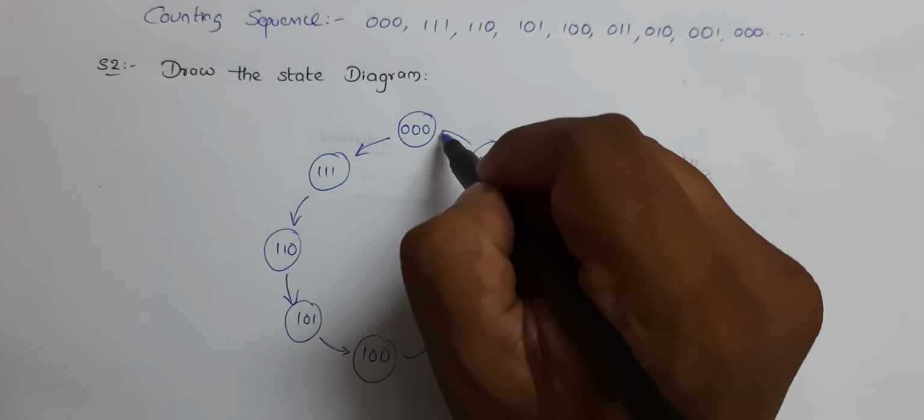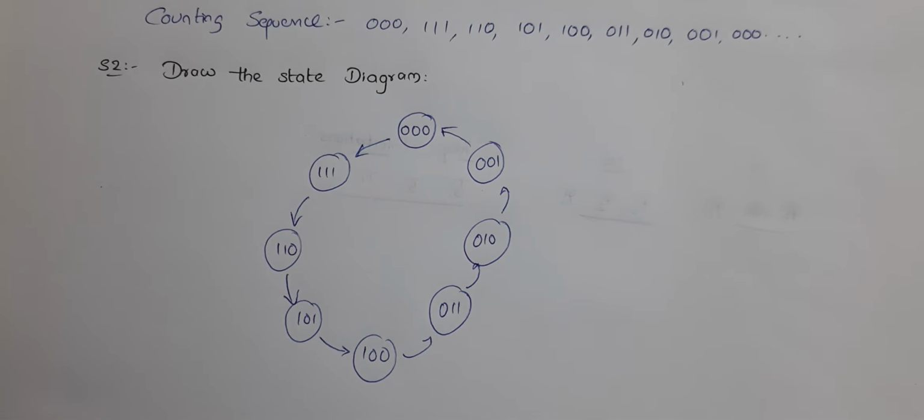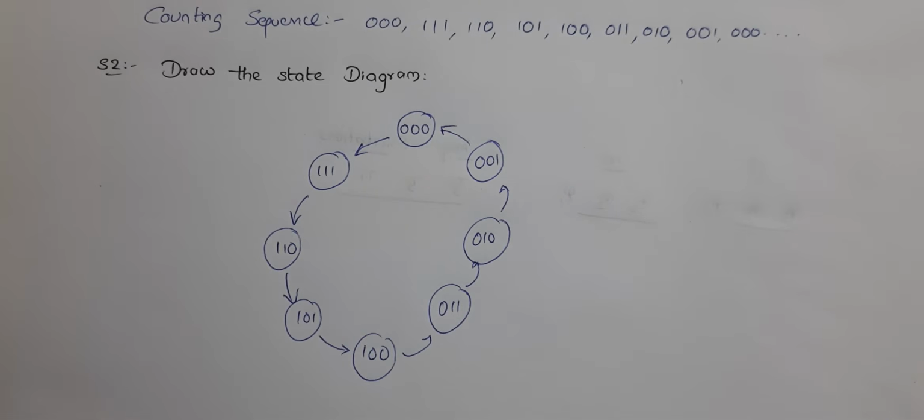So this is the sequence, and this is the state diagram of the 3-bit down counter.